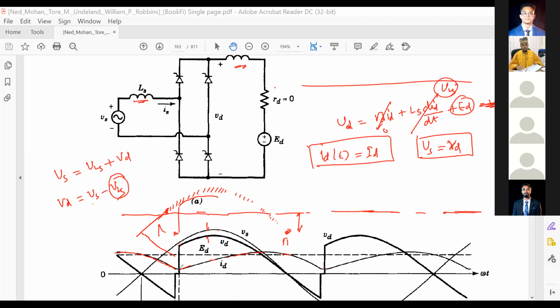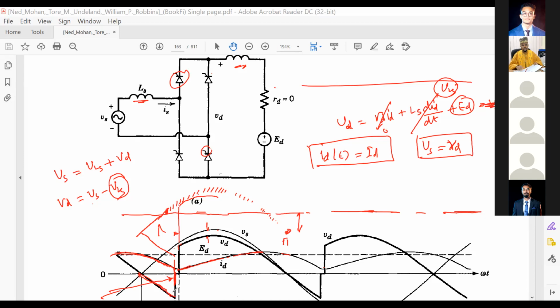Now this current is not discontinuous. Look here, there is a negative voltage, so the current will try to go to zero here. But after the commutation, the thyristors T1 and T2 are fired. Before that, you know which thyristors were conducting until now: T3, T4, right? Yes, sir.